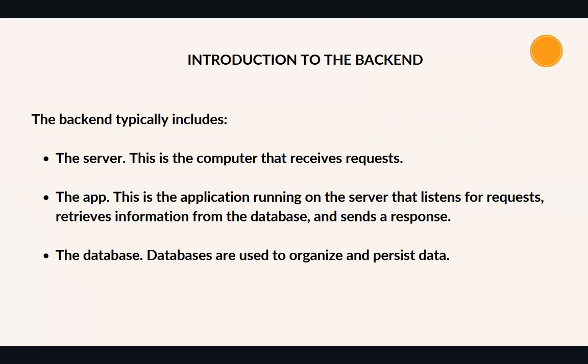The database is where you are storing and retrieving all your data from. I guess you're familiar with SQL, there's MongoDB, stuff like that. There are different databases that you can use. But by default, when we talk about backend, it's usually these three things.